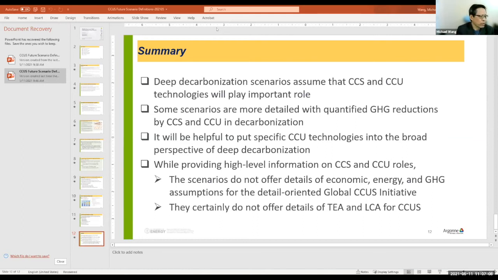What is the expected role of CCU technologies used in our carbon circular economy perspective to reduce non-renewable resources, in particular fossil fuels? So as I said, some of the scenarios target the power sector, and of course, with the power sector, you would anticipate fossil fuel electric power plants. So in a way, it will help the fossil fuel power plant to mitigate the CO2 emissions.